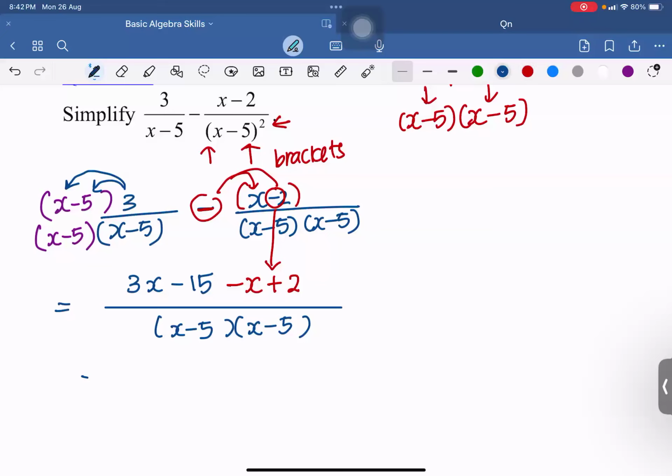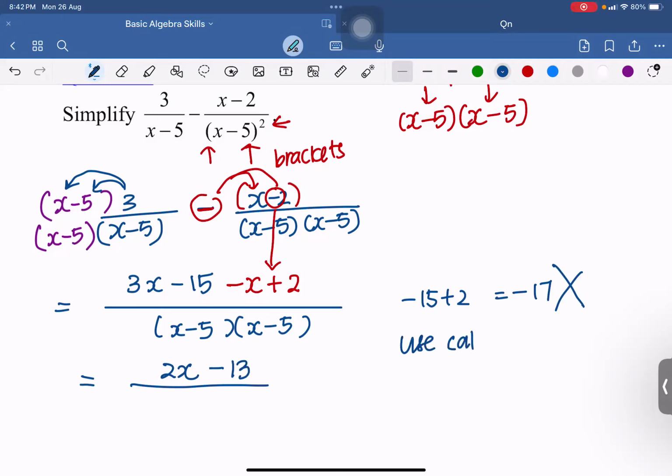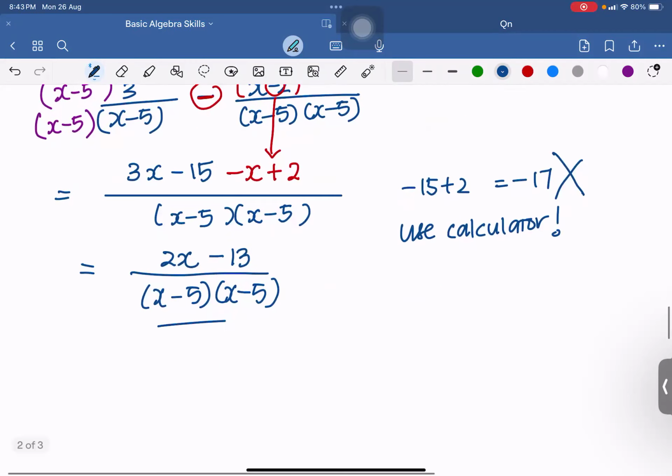Then we simplify this: 2x minus 15 plus 2. Very commonly, please use calculator. Minus 15 plus 2, a lot of students will give me negative 17. This is not correct. This is actually negative 13. Use calculator. Nothing else to cancel. This is the final answer.